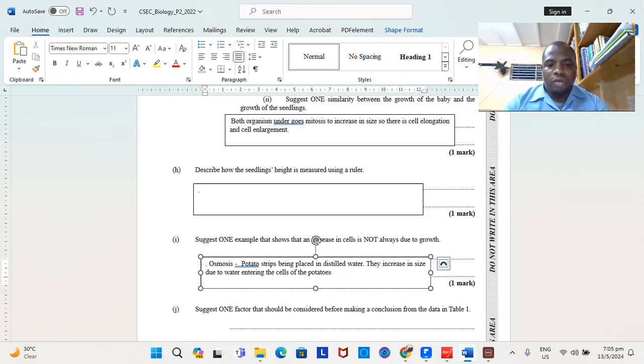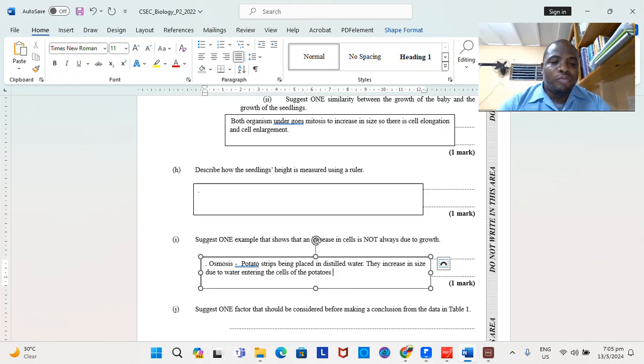But as you know, if you take this very same potato and place it in a brine or salt water, it's going to reduce in size. So that size is not something that is permanent. So this is not due to a growth in the potato strips. The potato strips did not grow. They increased in size, yes, but it was not due to growth, or it wasn't permanent. And so this is a prime example.